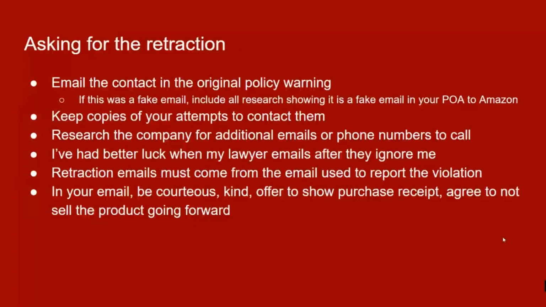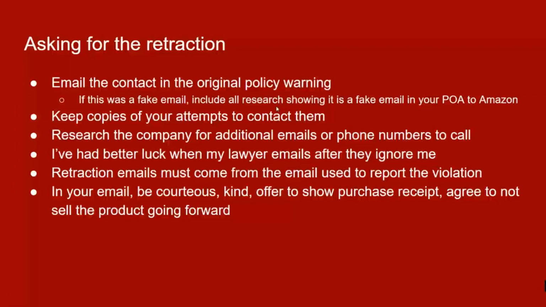Now, the email is what was in the original policy warning, but sometimes they give you a fake email or something that's not working. If it is a fake email, you're going to want to Google that email and show that it is a fake email and document that as well.